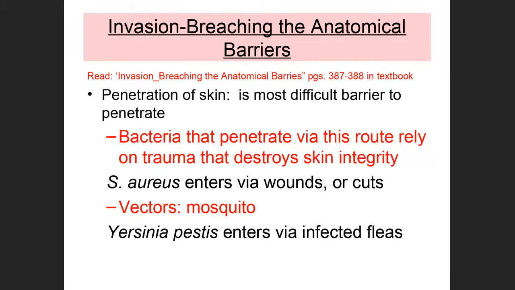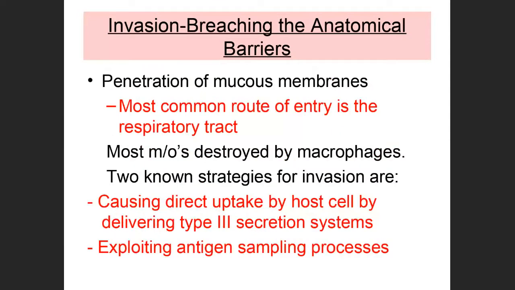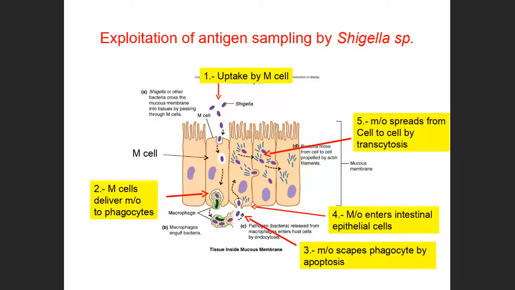So it may use a vector like a mosquito or a flea, or it might be just an accident, like a wound, and the wound is utilized to go into deeper areas. Okay, most common route of entry, the respiratory tract. Now, next one is causing direct uptake by host by delivering type 3 secretion system. That is, or exploiting antigen sampling processes. Let's go for exploiting of antigen sampling.